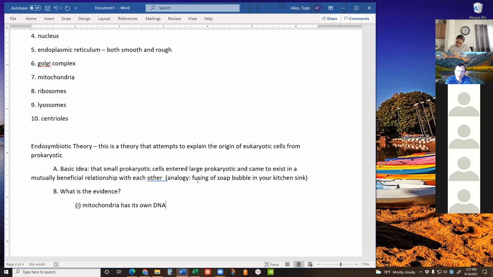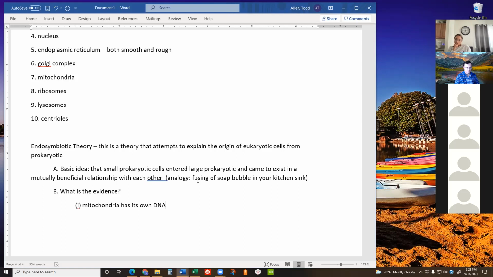Mitochondria in animal and plant cells has its own DNA. And for plant cells, which obviously have chloroplasts, chloroplasts have their own DNA. Now, obviously, animal cells don't have chloroplasts, but plant cells have chloroplasts to support photosynthesis, and those chloroplast organelles do have their own DNA. So I'll just stick with the animal cell right now.